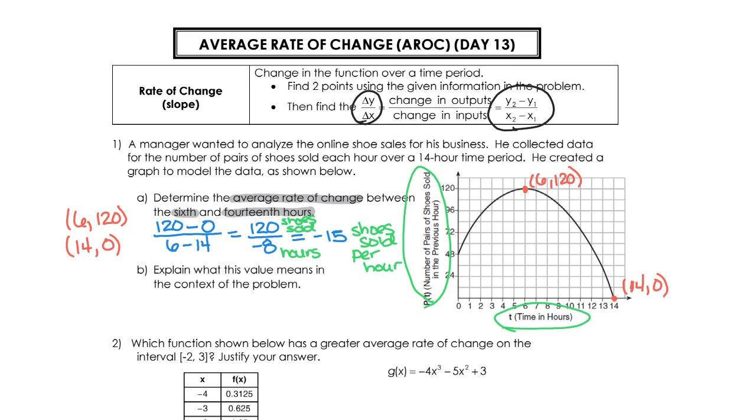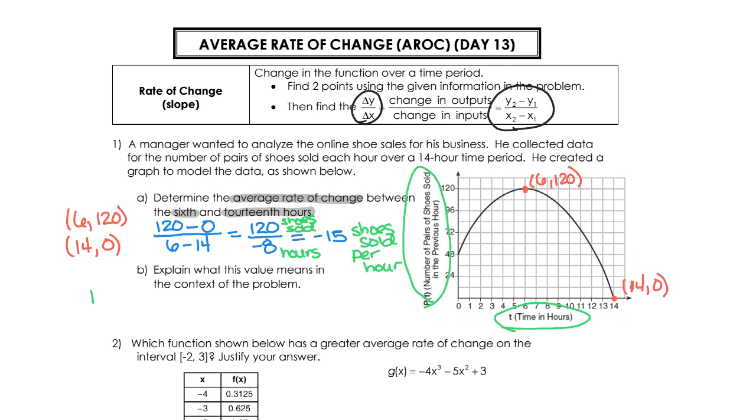Except negative 15 shoes sold per hour doesn't really make a whole lot of sense. So we have to talk about what the negative means, because we won't use the negative when we describe. We'll use instead that there was a decrease instead of an increase. I try to always write my explanation the same way every time.